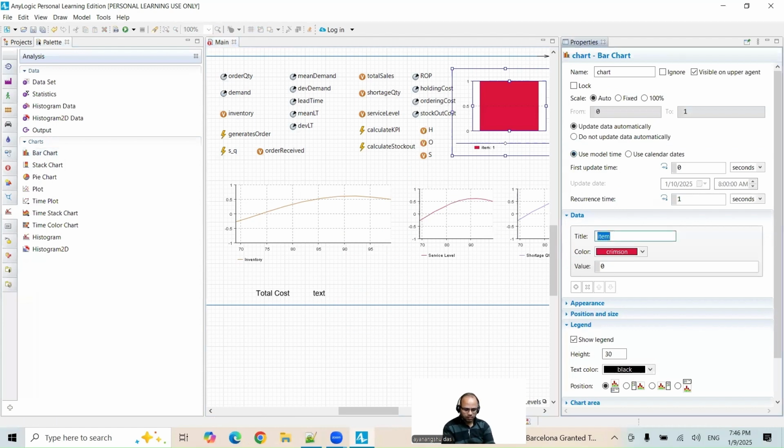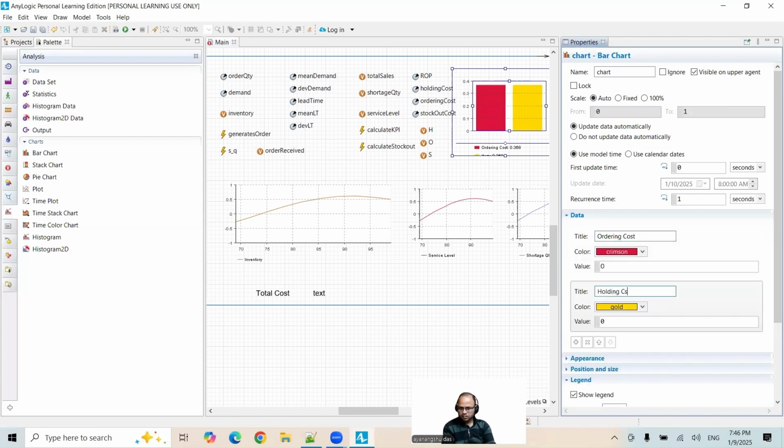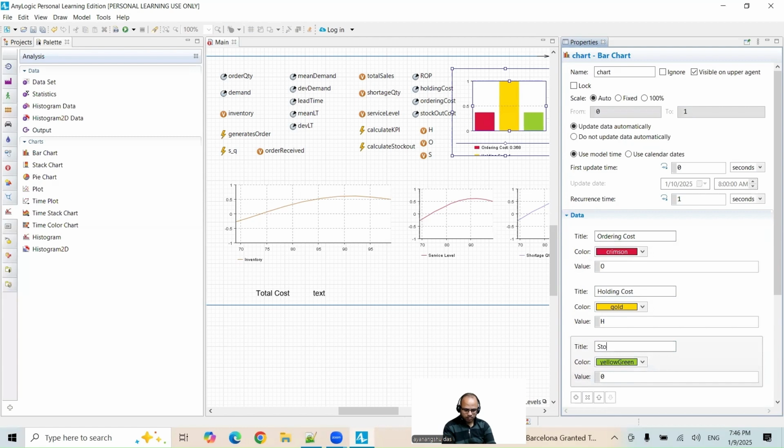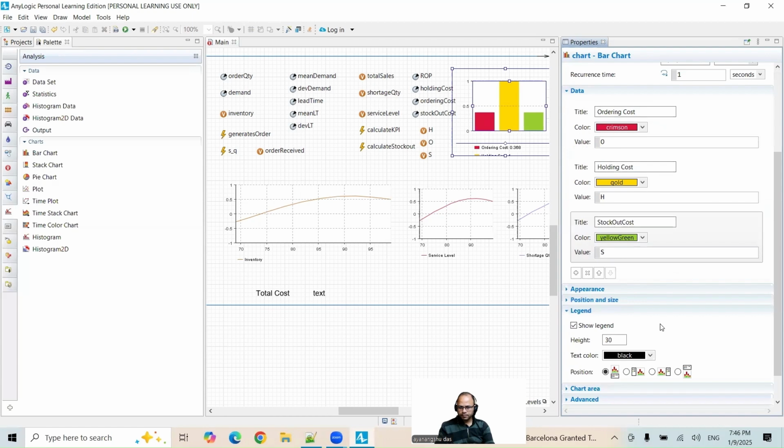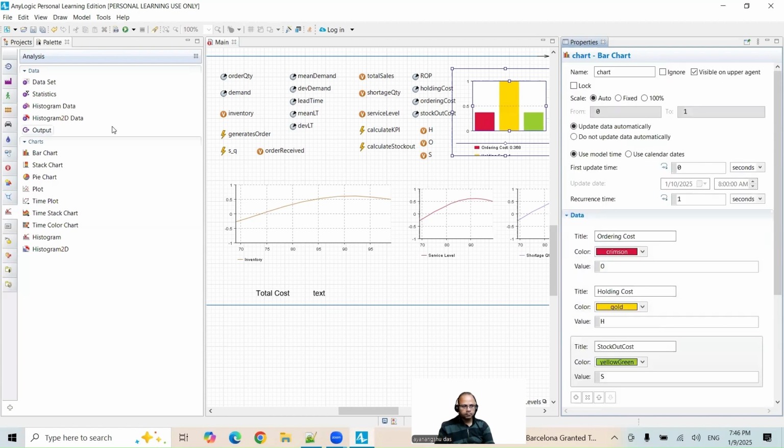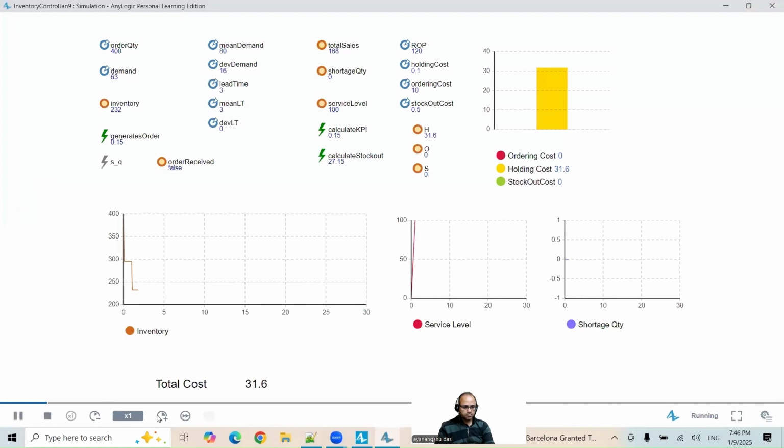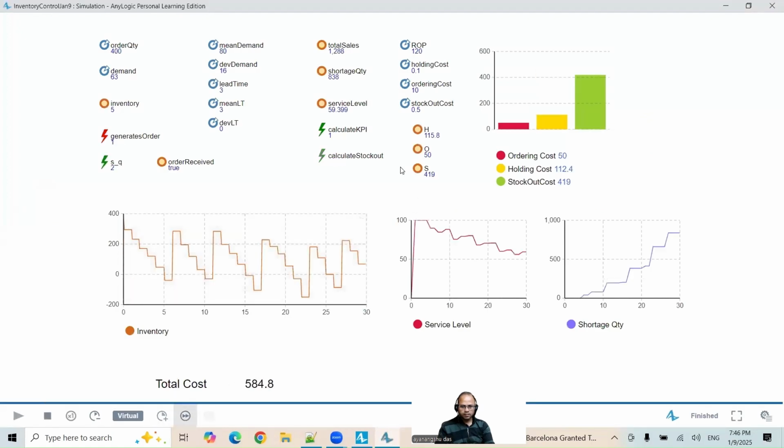So maybe this is ordering cost, this is holding cost, this is stock out cost. So we see that the total cost is depicted over here, the shortage quantity, and then the service level.